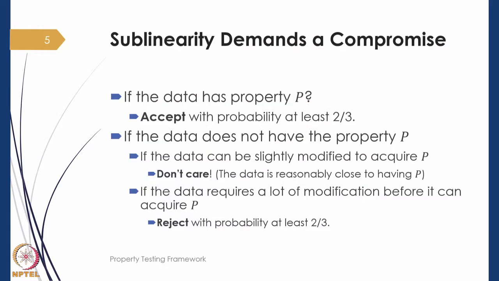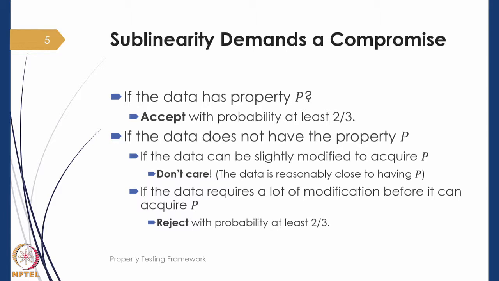On the other hand, if the data does not have the property P, we need to be a bit more careful. If the data can be slightly modified to acquire the property P, then it is going to be computationally difficult to identify the fact that this data set does not have the property P because the data set is very close to having the property P. And therefore, in order to be able to design good algorithms, we simply ignore these situations.